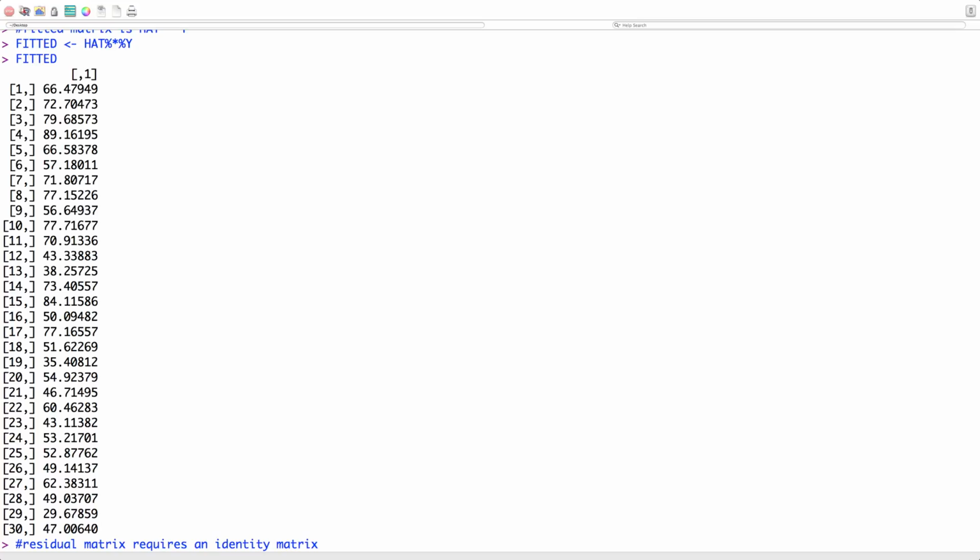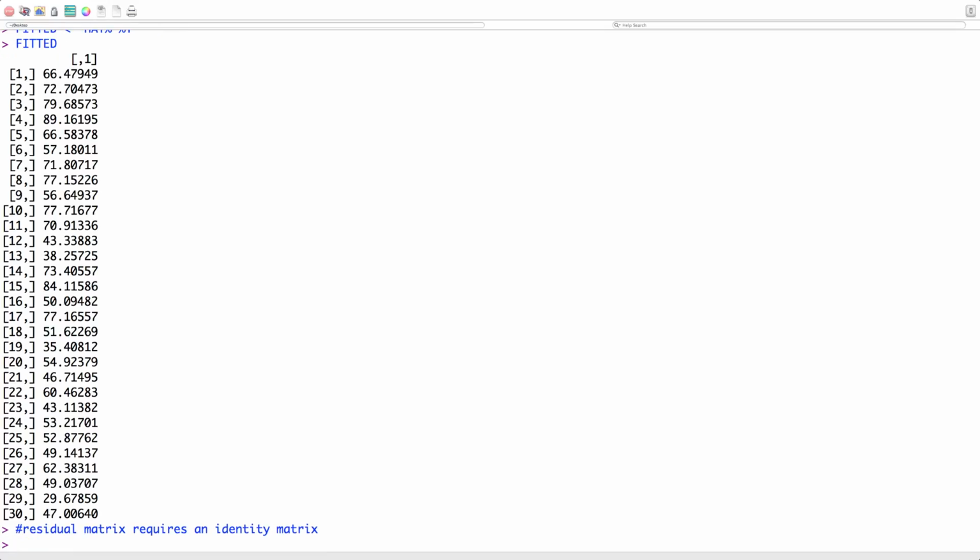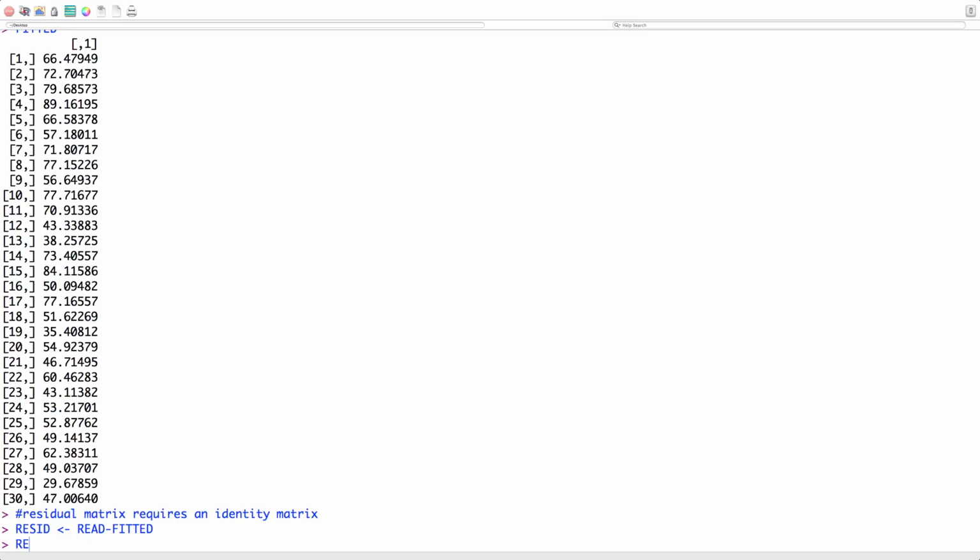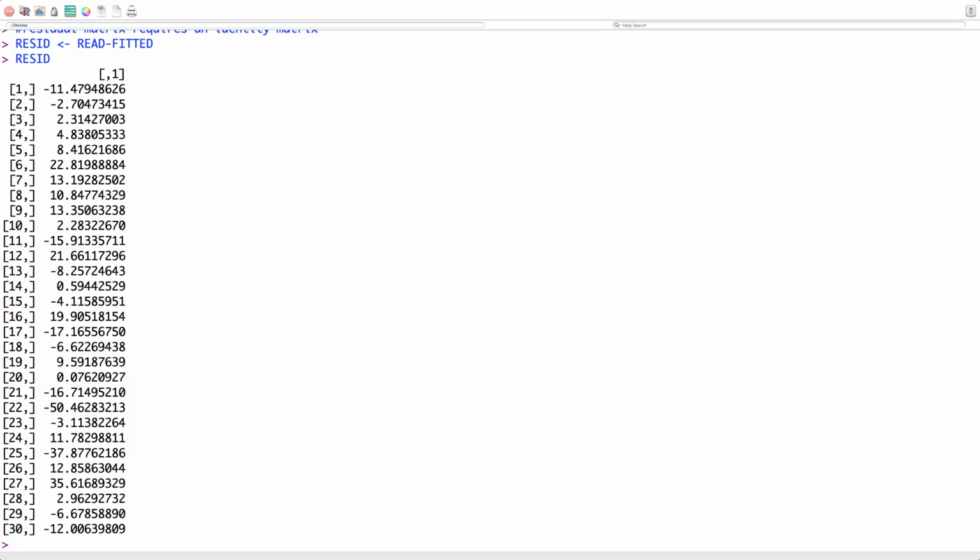But really, I guess the easiest way to get our residual matrix would just be to do our observed y's minus our predicted y's. So our residual matrix would look like this.